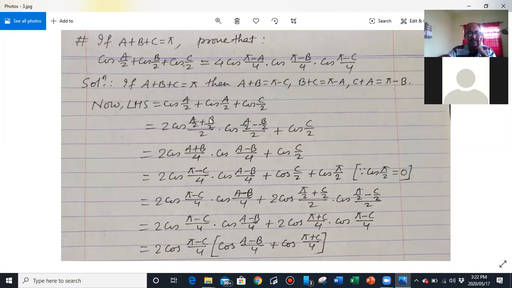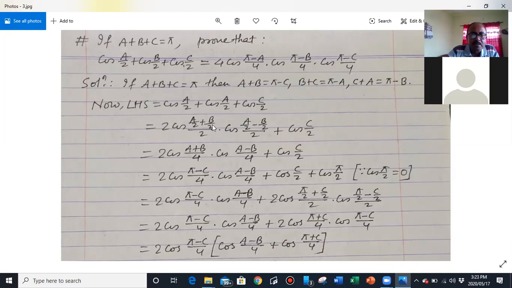Now let us start with LHS. Cos a by 2 plus cos b by 2 plus cos c by 2. Again you make group of 2. 2 cos (a by 2 plus b by 2) whole divided by 2 into cos (a by 2 minus b by 2) divided by 2, plus cos c by 2.